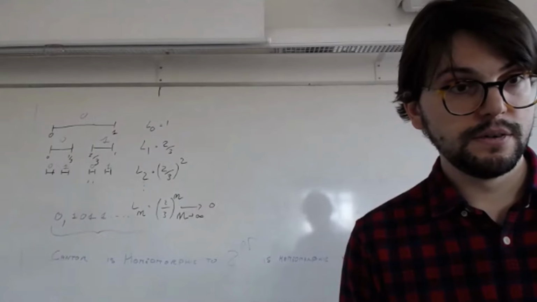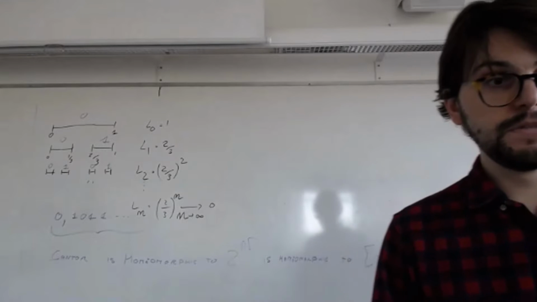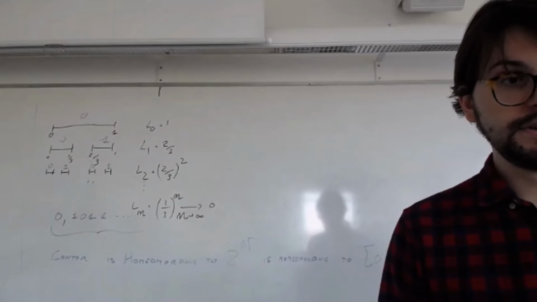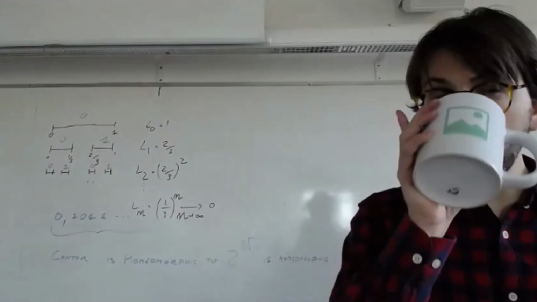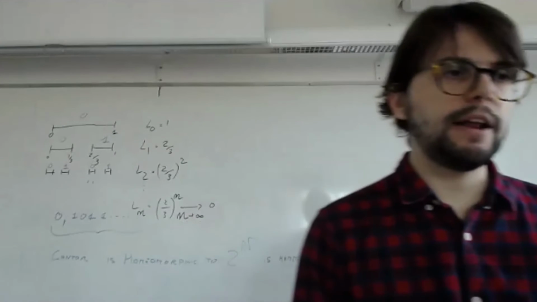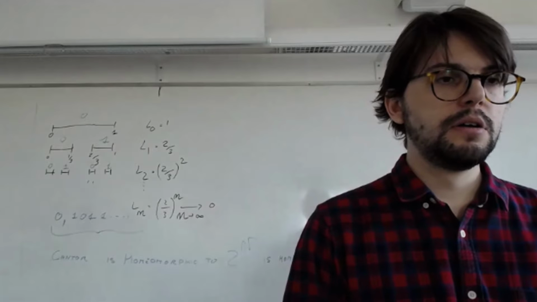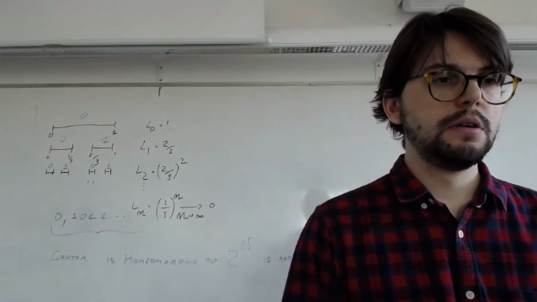I have a question or a thought. Yeah. Could you use this argument to show that the set of all binary fractions is homeomorphic to the interval 0, 1? Binary fraction. What's a binary fraction? Like a half, a fourth, 3/4, 1/8, 2/8, 3/8, 16th, and so on.